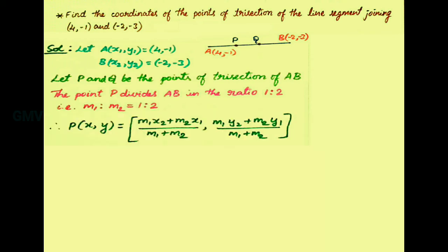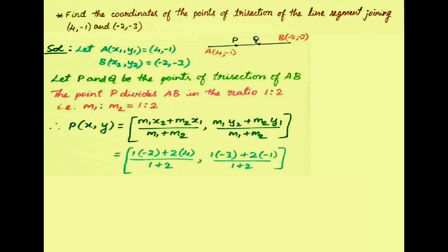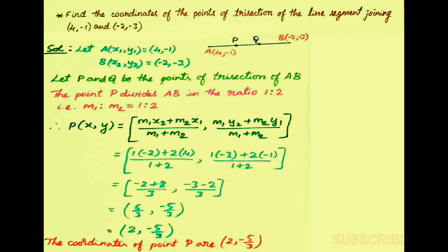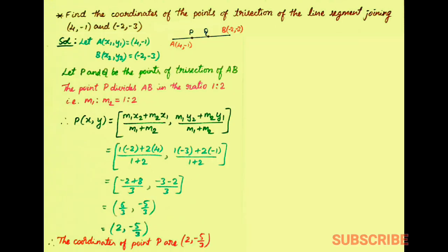Take the section formula and substitute the values of x1, y1, x2, y2 and also m1 and m2. By simplifying this, we get the coordinates of P as 2, minus 5 by 3. Now we have to find the coordinates of point Q by taking that the point Q divides AB in the ratio 2 is to 1, that is m1 is to m2 is equal to 2 is to 1.